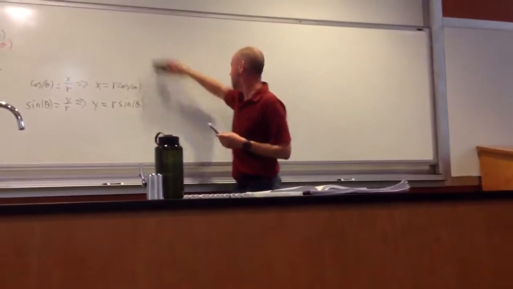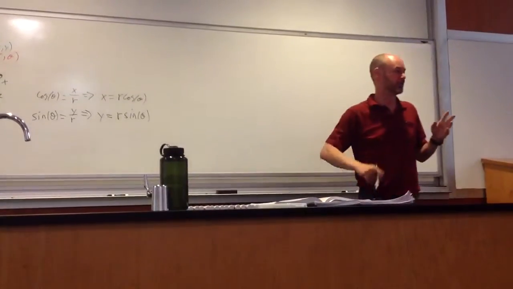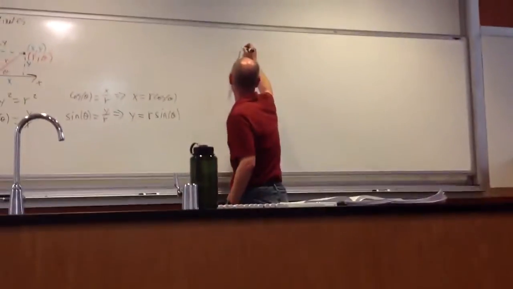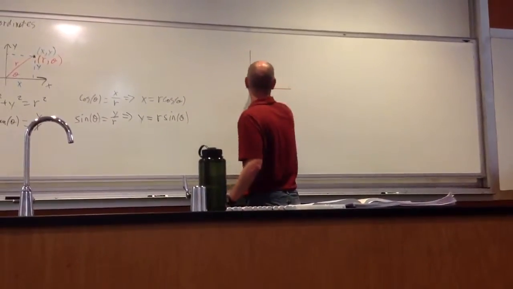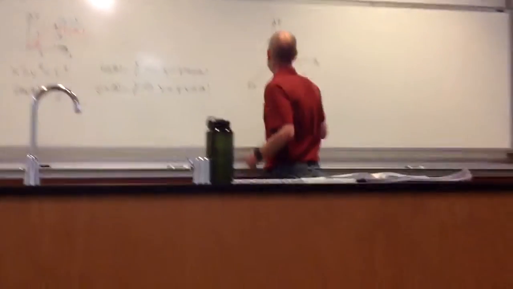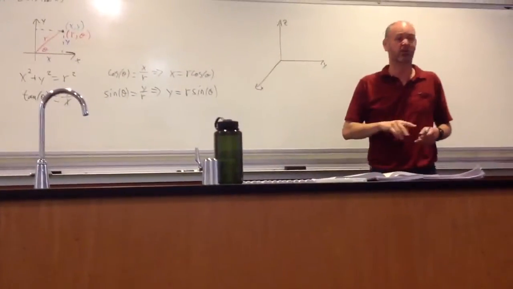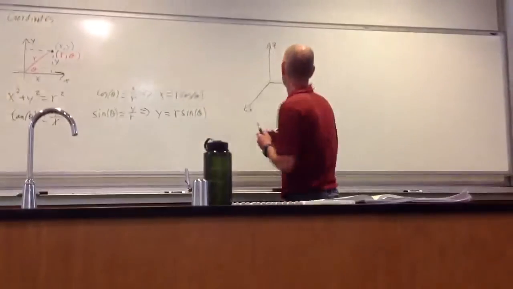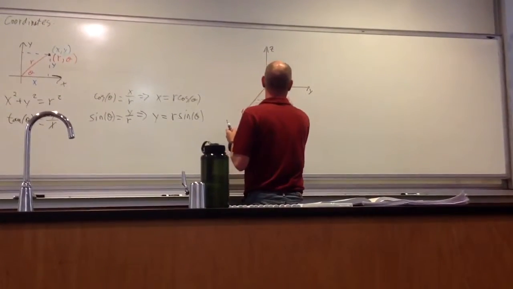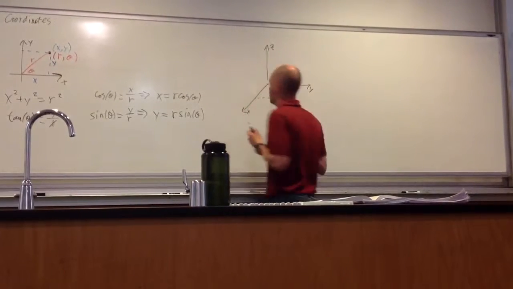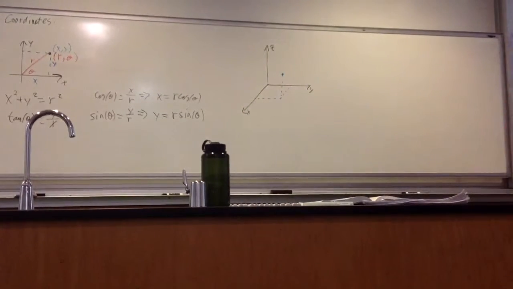So let me just sort of dabble into Calc 3 just for a second. When we're dealing in 3 dimensions, and you don't have to write any of this down, I just want to introduce this. If we want to talk about a point in rectangular coordinates, we would have a point in 3 dimensions.